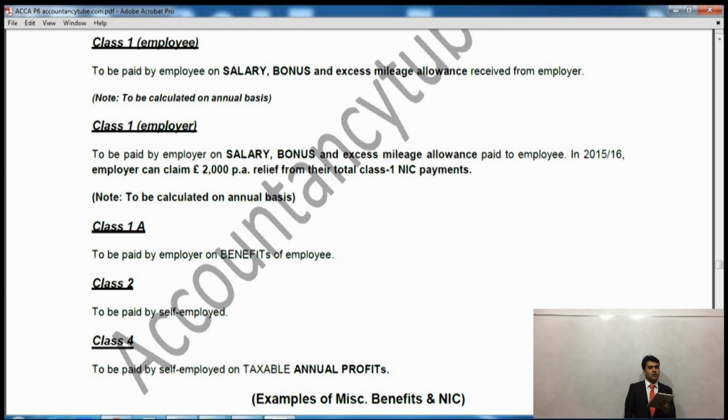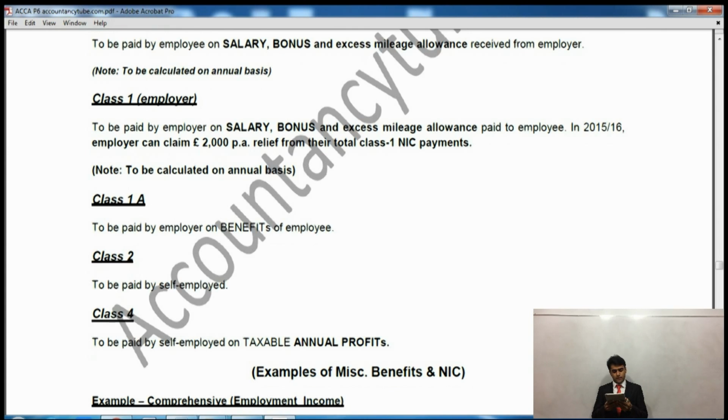And if your earning is 5,965 or less than that, then you will not have to pay anything in class 2, or if you are getting the state pension. Then comes the class 4 NI. Now the class 4 NI is paid on the annual taxable profits, right? Now only on the taxable profits.